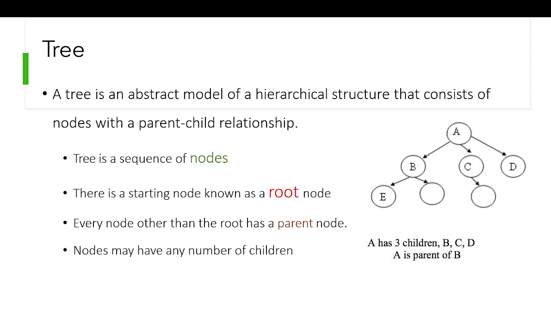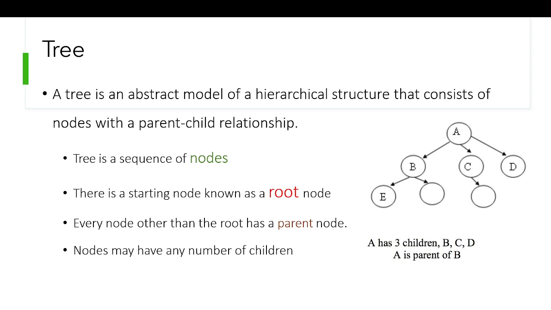A tree is an abstract model of hierarchical structure that consists of nodes with parent-child relationships. As you can see, a tree is a collection of nodes, and the starting node of the tree is called the root node. So A is the root node in this diagram.